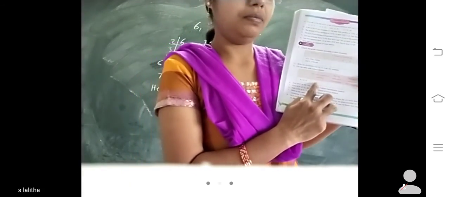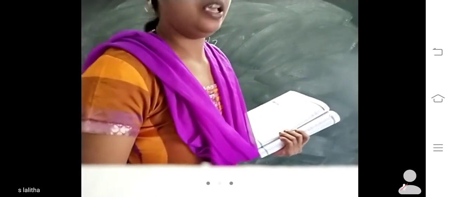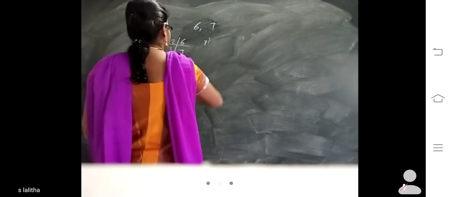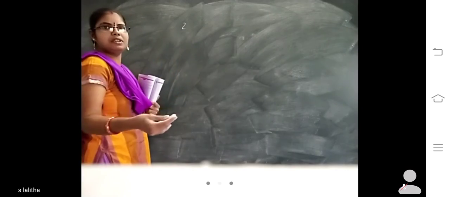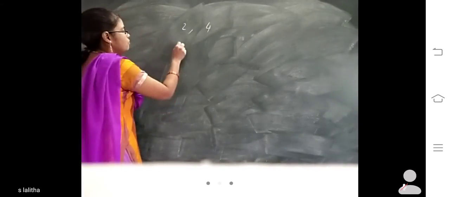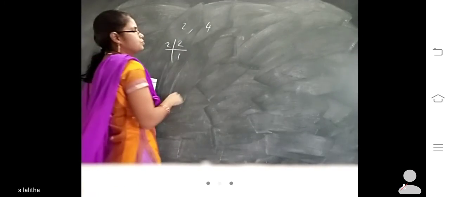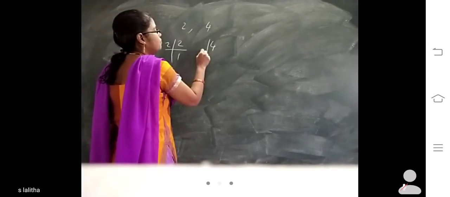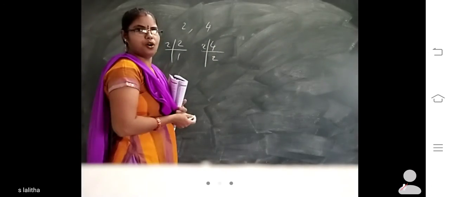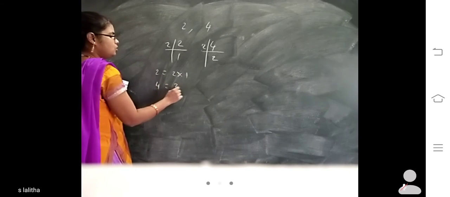Write here 1. And next one, any two consecutive even numbers. So what are the even numbers? Suppose 2 is an even number. What is the next even number? 4. If I take 2 and 4, find the factors: 2 is equal to 2 into 1, 4 is equal to 2 into 2.